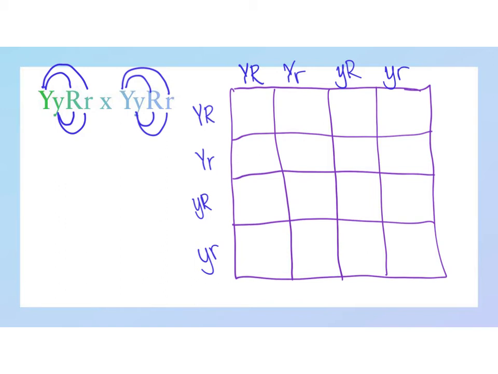All right, so now that I have my columns and my rows labeled, I can start filling in the genotypes of my offspring. So I'm going to start in this box, and I'm going to combine my Y's and then my R's.